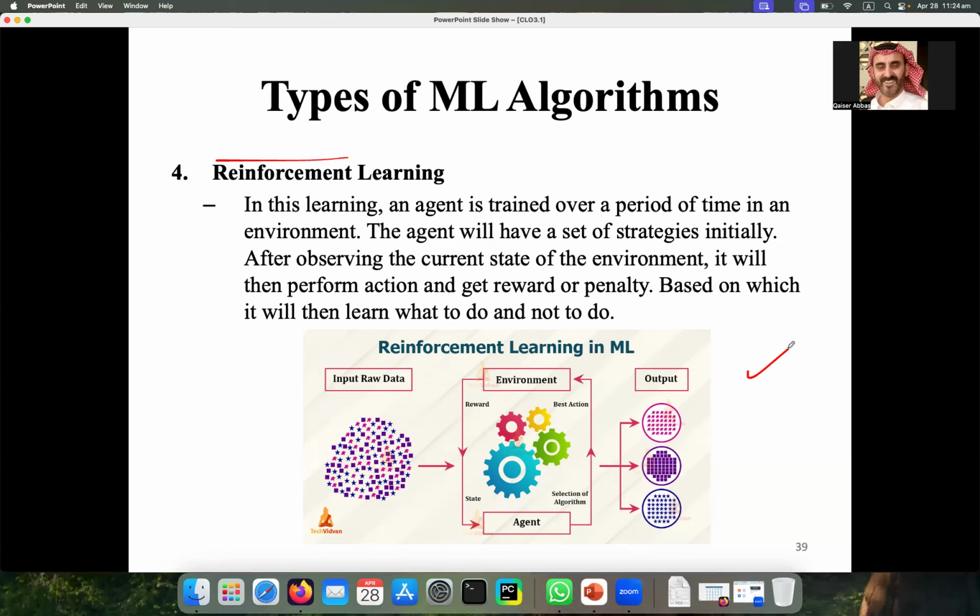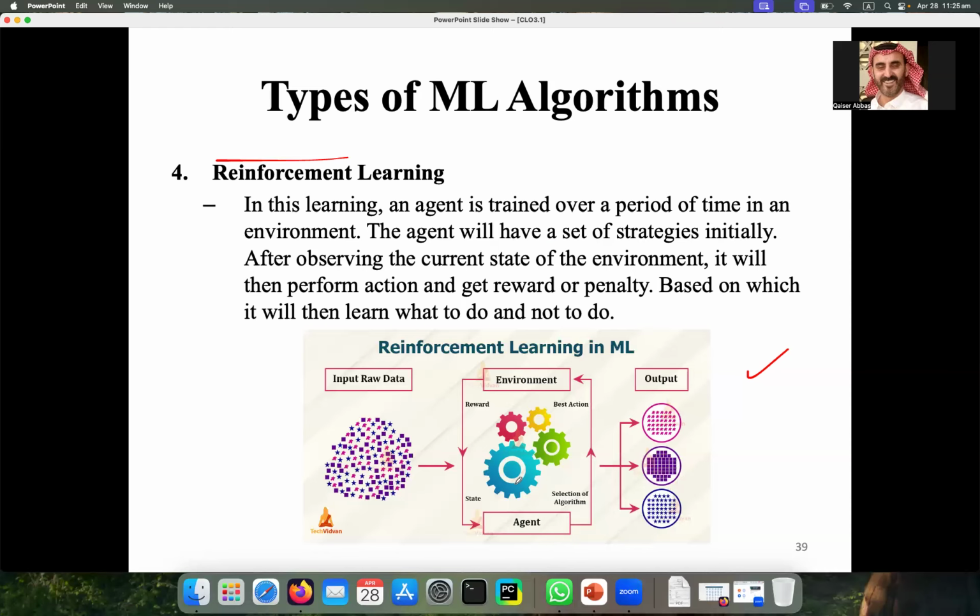You know this already from CLO1 in the course, because all the programs that you will design in AI, you will call them agents. This is what you learned in the first chapter. So reinforcement learning is the proper approach of AI, which machine learning is now also saying is its approach. Machine learning itself is a subdomain of AI.